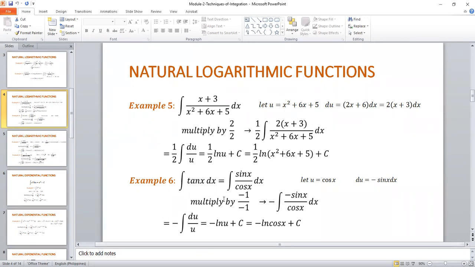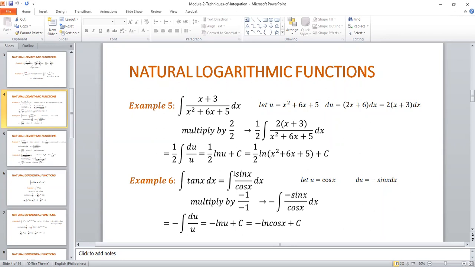So you have to think of its equivalent identity. What is its equivalent identity? It's sine x over cosine x. The way it's written now, I could see that one is the derivative of another. But if I wish to try if du over u will work, then my u will be my cosine, and the du will be, of course, negative sine x dx.